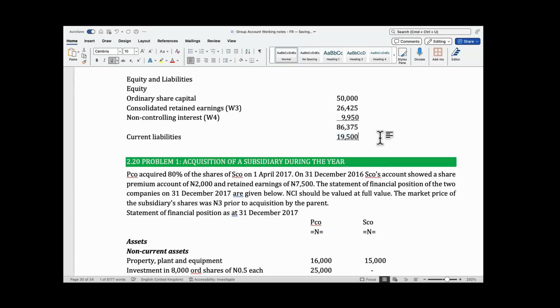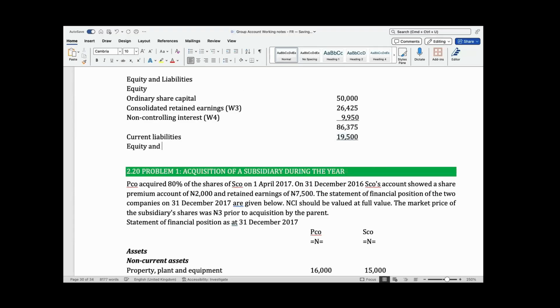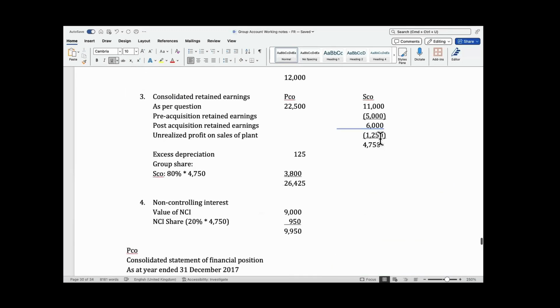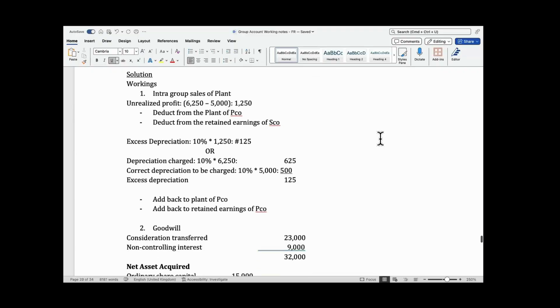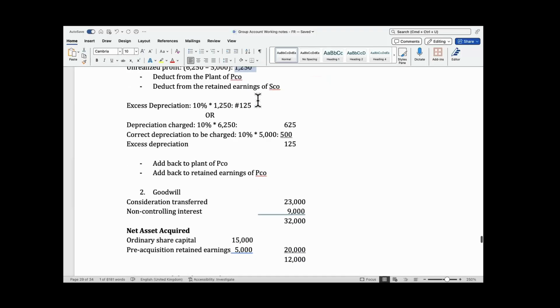What is the addition? 105,875. Okay, so you see that for sales of plants, as you are eliminating the unrealized profits, you have to also add back the excess depreciation as well. Those are the adjustments for this one. Any question?